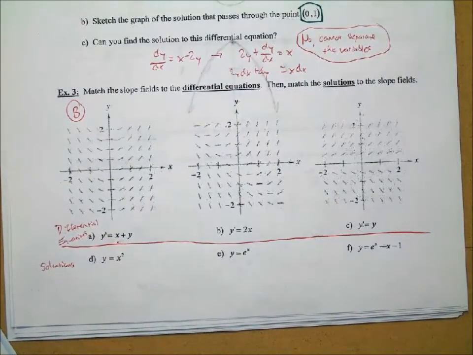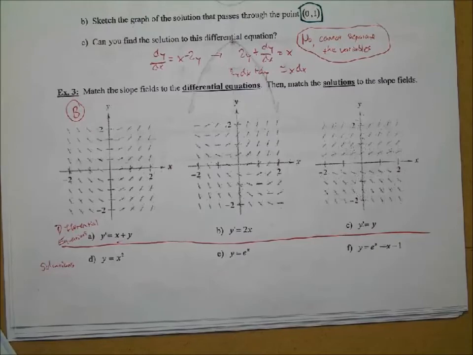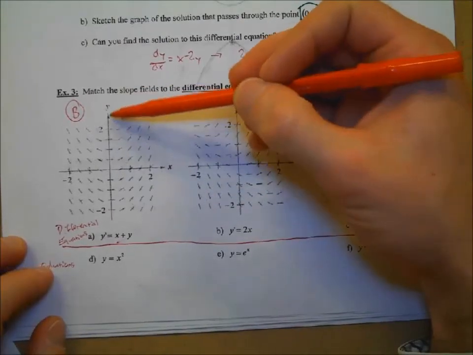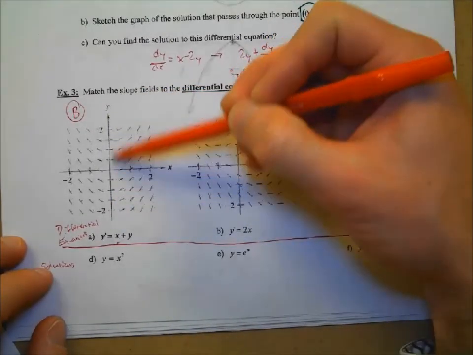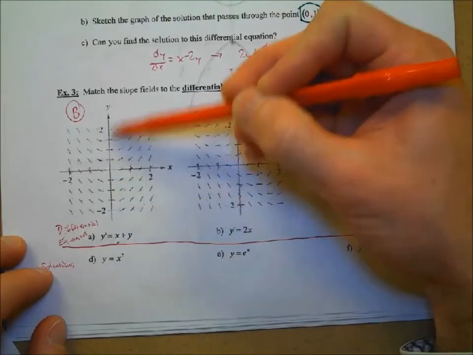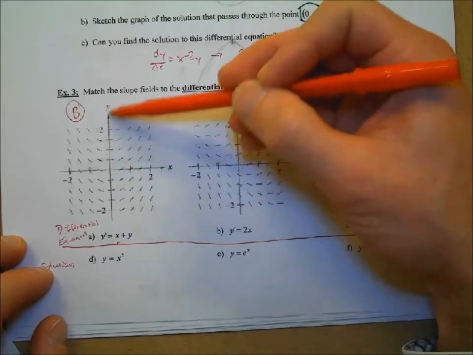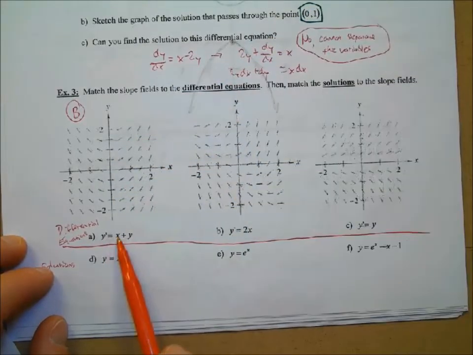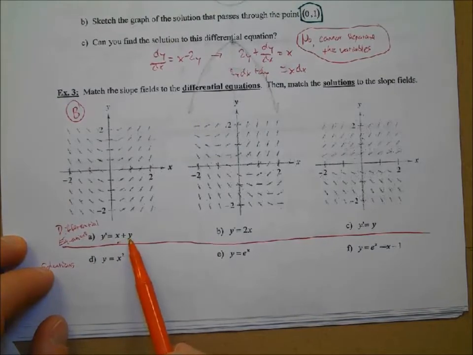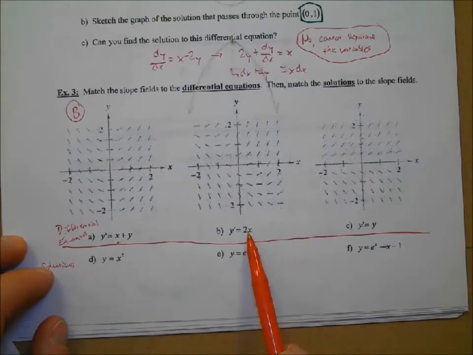Other strategies you can use here. Well, I notice what kind of slopes do we have here at the y-axis? The slopes are all 0, which means at an x coordinate of 0, no matter the y coordinate, the slopes are 0. Here, if I have an x coordinate 0, the slopes would still depend on my y coordinate. It would change. Here, if my x coordinate is 0, my slopes will be 0 no matter what.